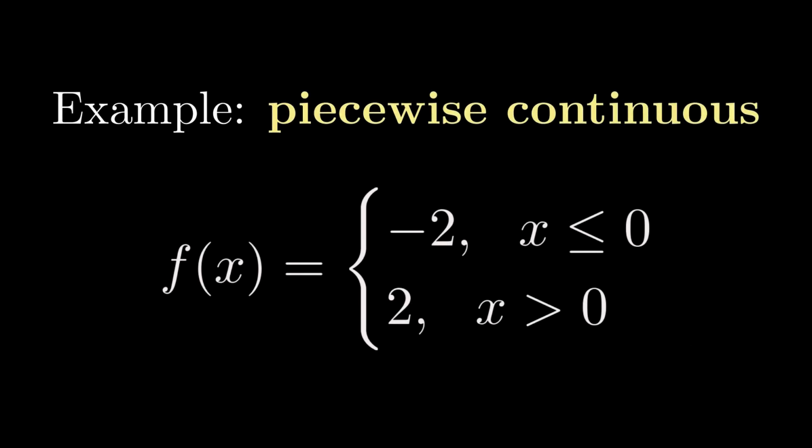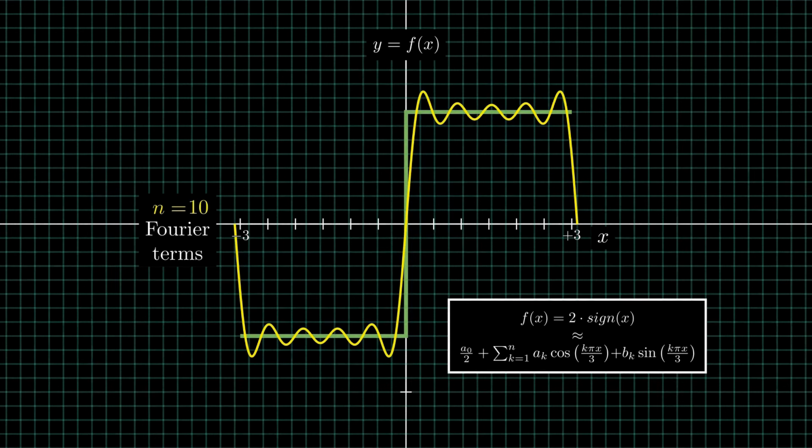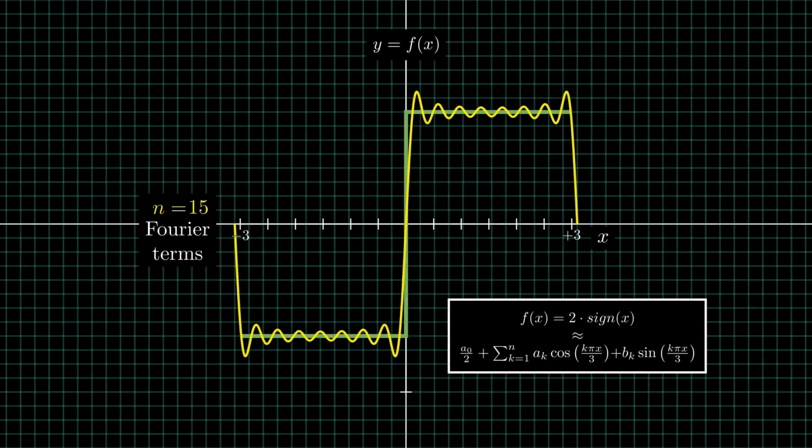This is the piecewise continuous example. The animation speaks for itself. As n goes larger, the series converges to the function.